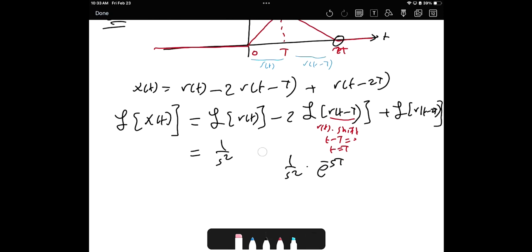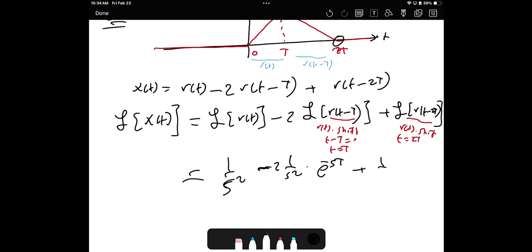Okay, let me write this. I'm just moving it down. So then plus, this is r of t shifted by 2T. So it's going to be plus 1 over s squared e to the power negative 2sT.